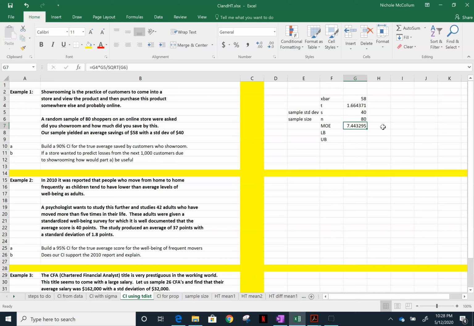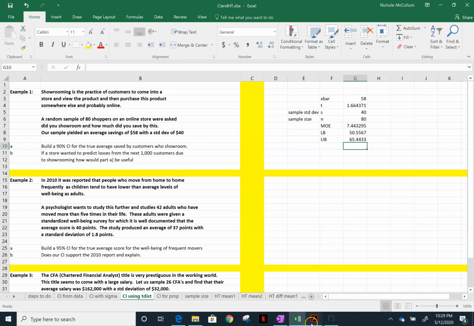Now that I have the error, I'm almost done. To create the lower bound is just the sample average minus the error. To find the upper bound, it is just the sample average plus the error. And that's it. Boom. Just like that, I can create the lower and upper bound once I have the margin of error.